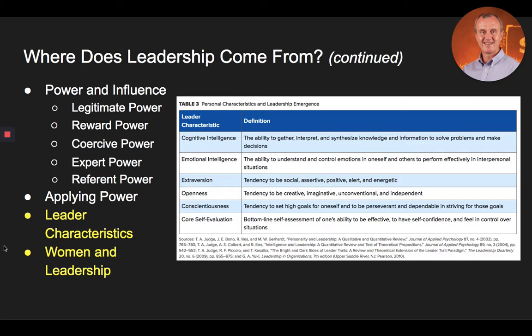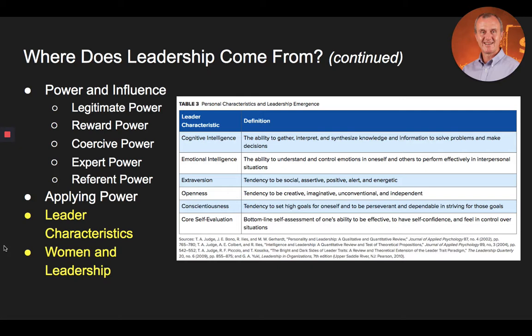Researchers have reached strong conclusions on a relatively small number of personal characteristics that are consistently related to leader emergence. These characteristics are listed and defined in Table 3, which you see on your screen.